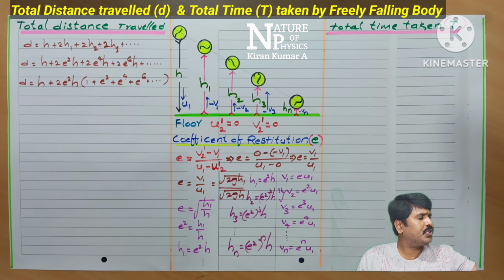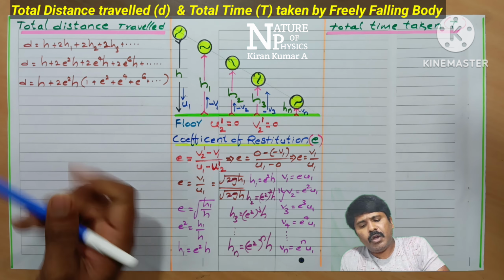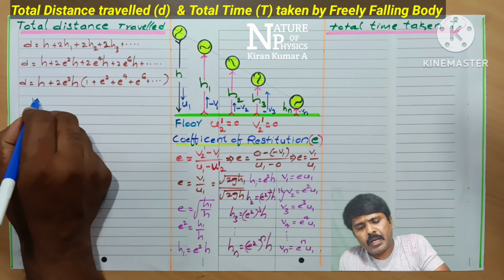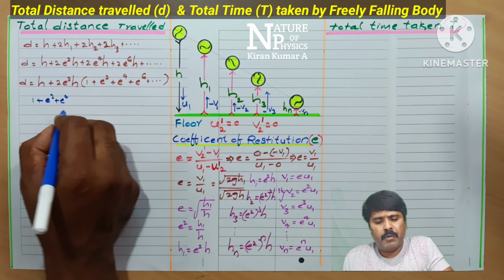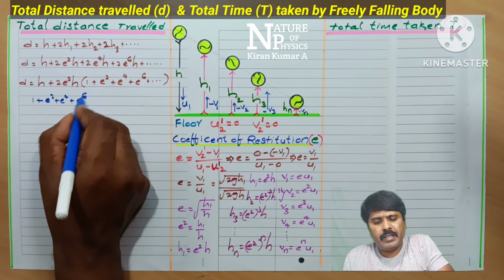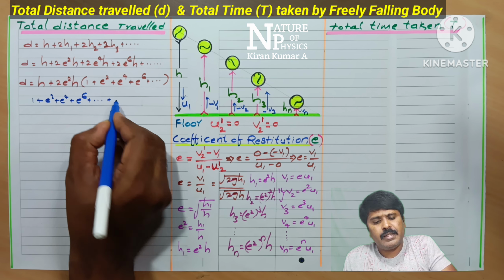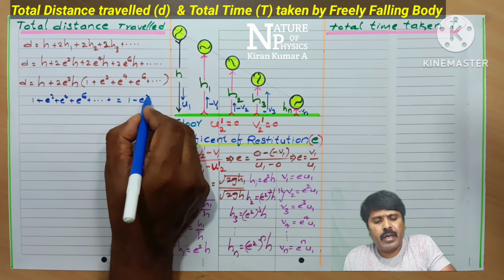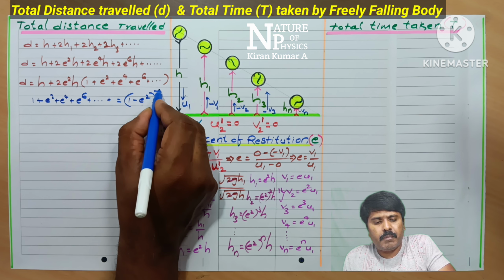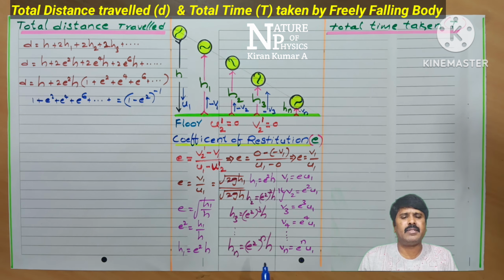Okay, and next step we can write here 1 plus e² plus e to the power of 4 plus e to the power of 6 up to so on, this is equal to (1 minus e²) to the power of minus 1, students.